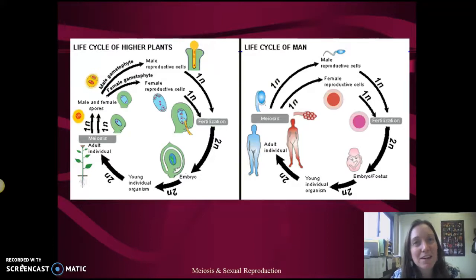If you take a botany course, you can learn about the different types of plants. Some plants need sperm from other plants to fertilize the eggs. Some plants can self-fertilize, and some flowers can even self-fertilize. Once the fertilization takes place, the plant goes through mitosis just like a developing human zygote.